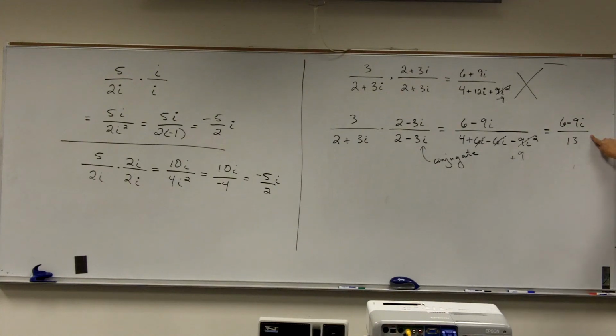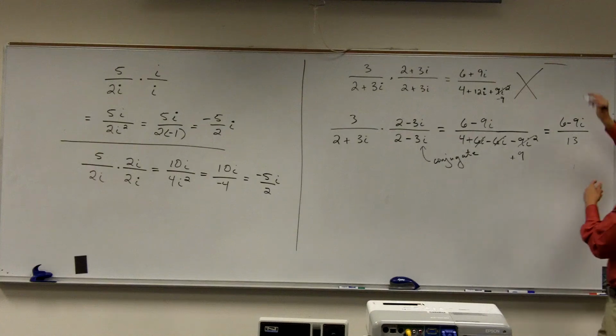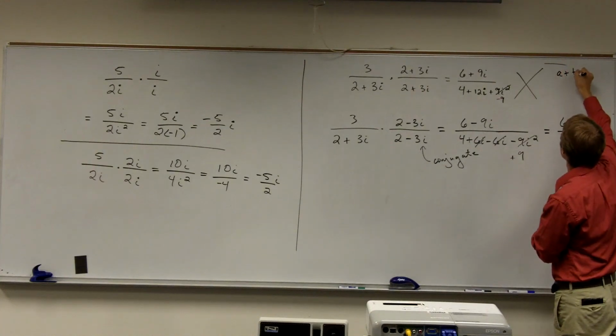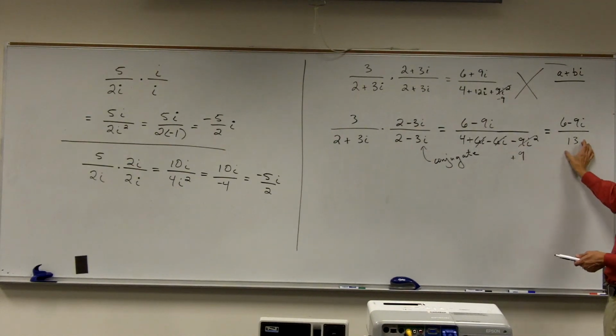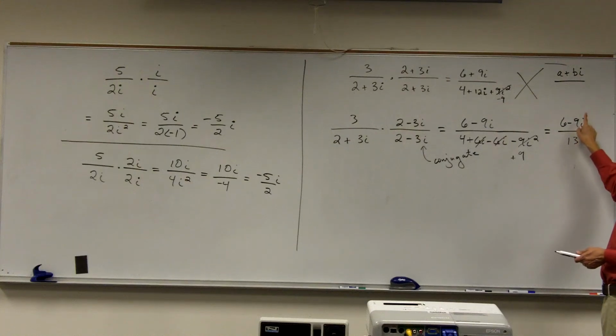Now the problem is, is this answer in a plus bi form? Because that's how I want to write all of my complex numbers. It's not quite, right? But I could do something pretty simple to write it in that form. I could just divide that 13 into both of the terms.